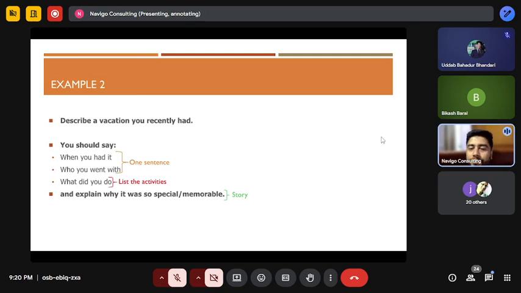So you can make up a story, you can tell anything. The examiner is always looking at whether you can communicate in English or not. It's not about whether you have good general knowledge or maybe your IQ is good or not.